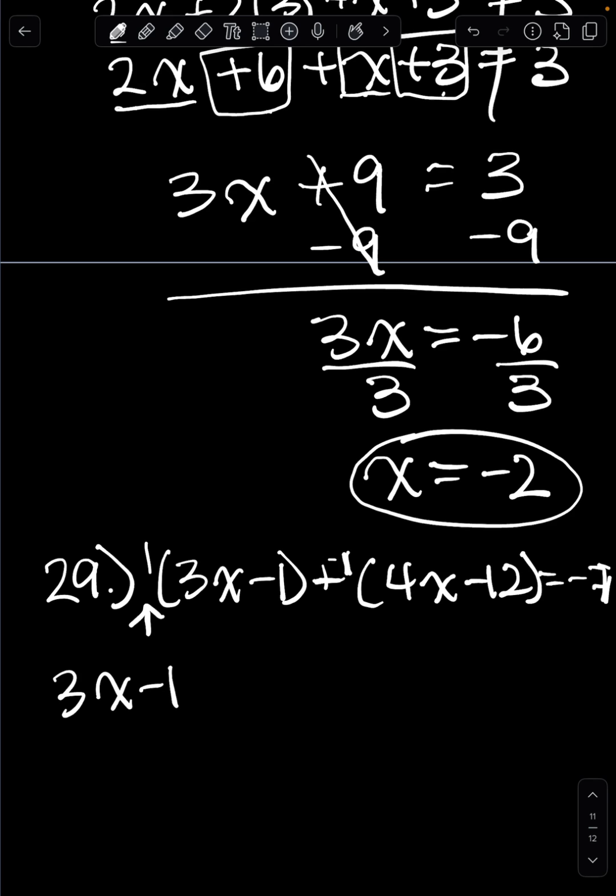So basically you just change the signs inside the parentheses. But you can think about it like multiplying it by a negative 1. So negative 1 is going to distribute, which is just going to change the sign inside the parentheses. So it's still going to end up being minus 4x and a plus 12 equals negative 7.